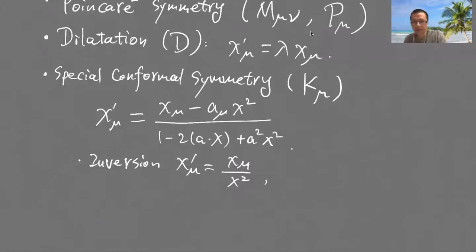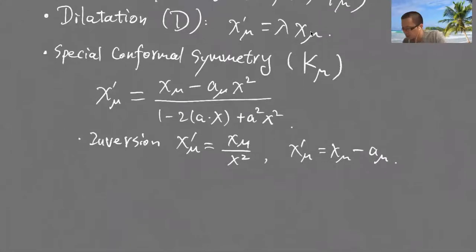Then you do a translation by this parameter A, then you do another inversion. The statement is that the combination of these three actions gives you the special conformal transformation.